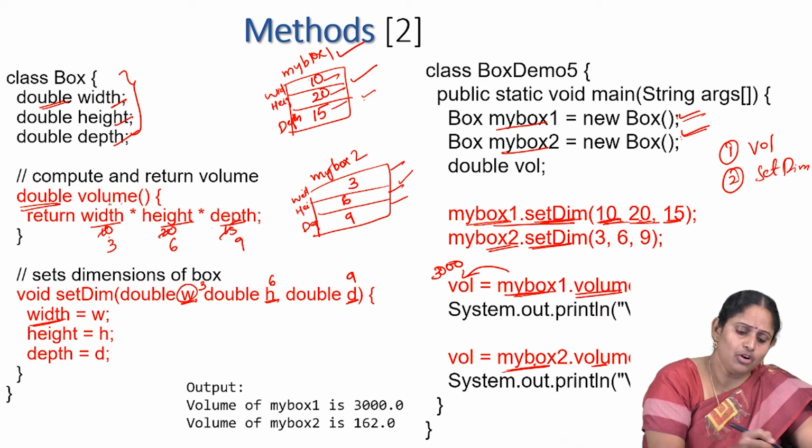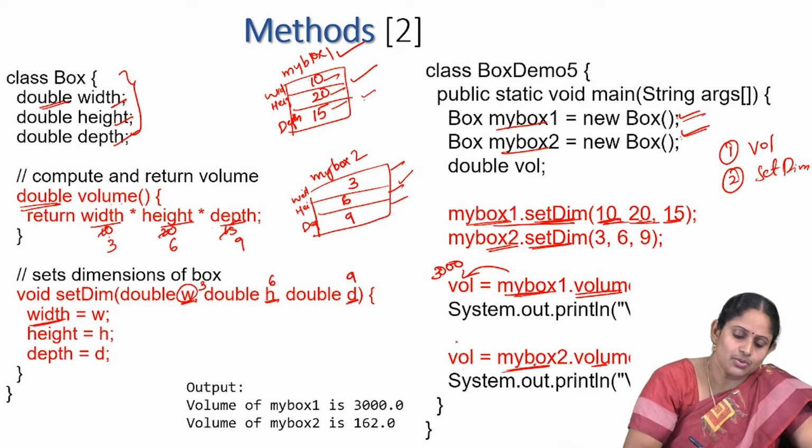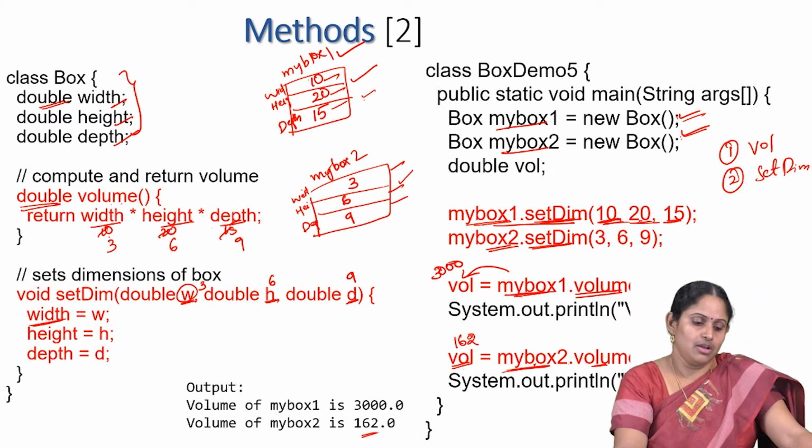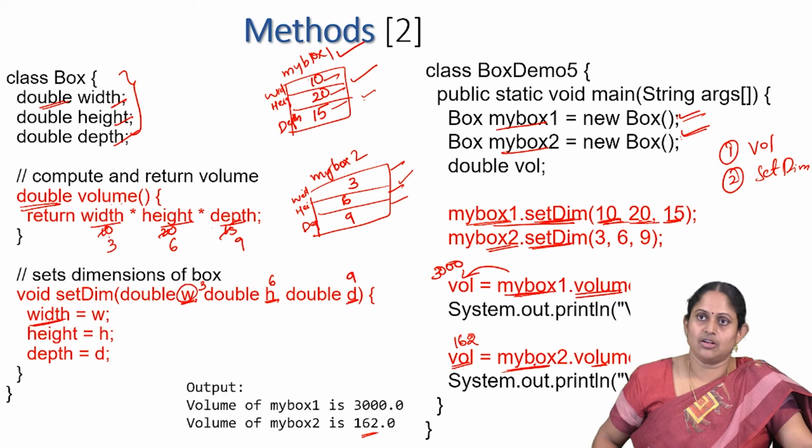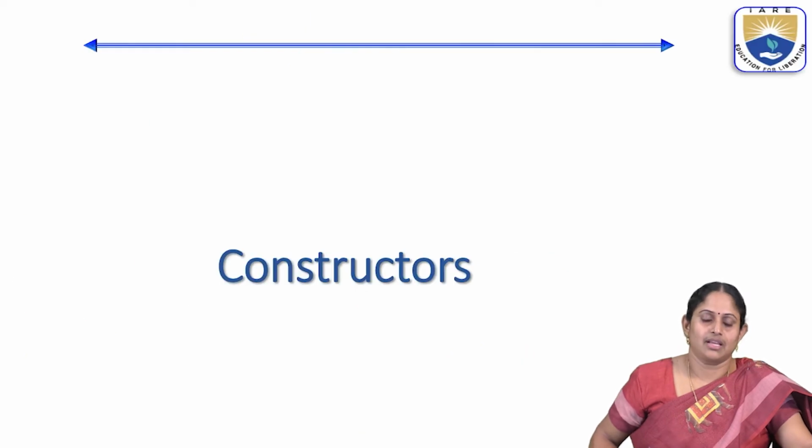So volume returns 162. You get 162 into volume and that will be displayed. Here you get it as 3000. So this is how the classes, methods and objects work.